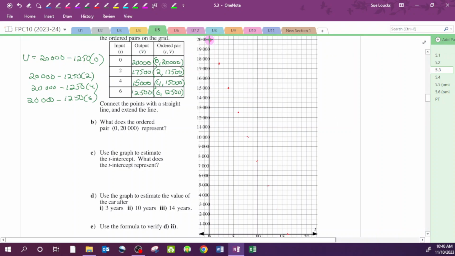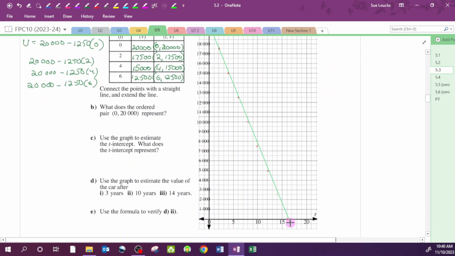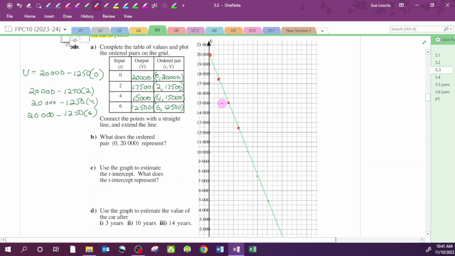So I'm going to put one end of my line here, and drag the other end of my line down to this point, and this is going to get me a better, more accurate line than if I had tried to just line it up through those three and then extended it. Okay, so actually I'm going to go back and put bigger dots at my actual data points. Okay, there, those are my actual data points.